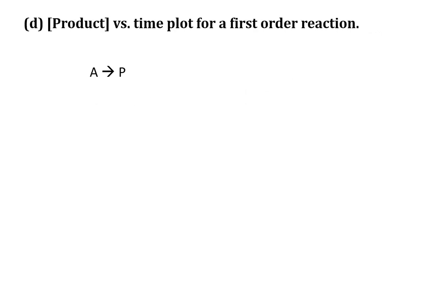Now question D, product versus time, again time, for a first order reaction, A arrow P. So as you know that A is A0 into e to the minus Kt, but in this expression A is At actually, that means the reactant concentration, but what we want is the product concentration. So how can we bring in that term P?